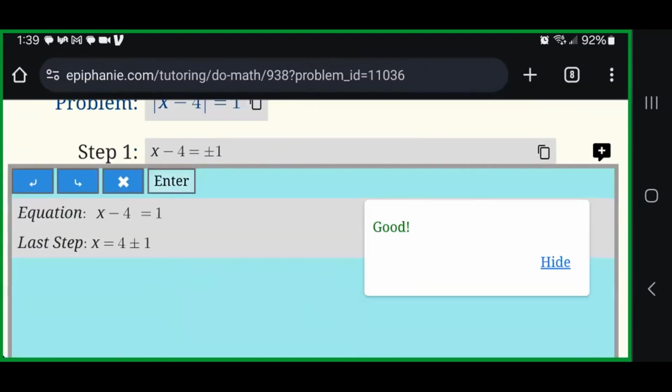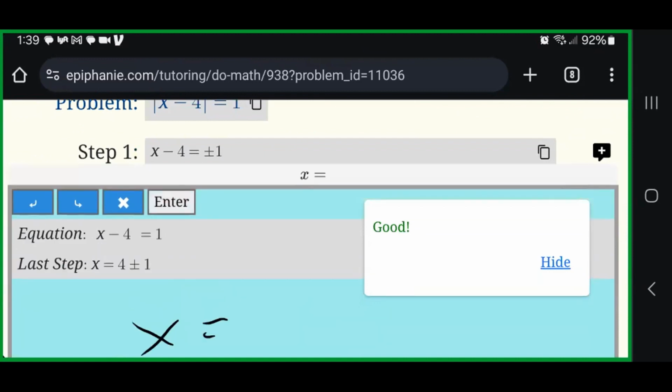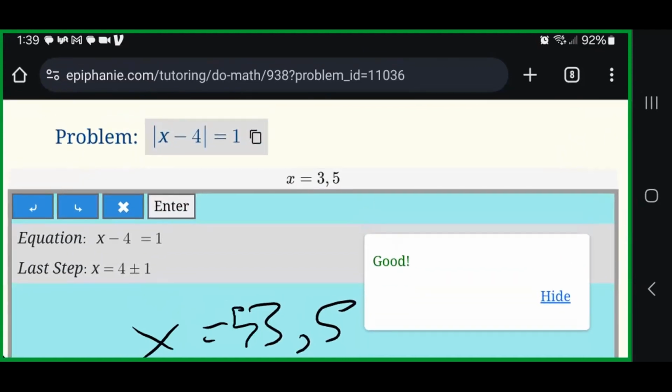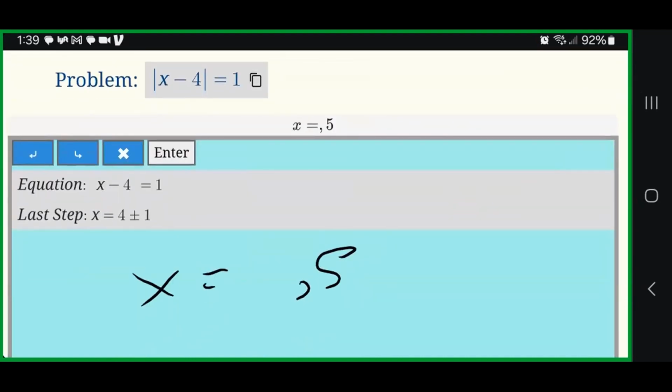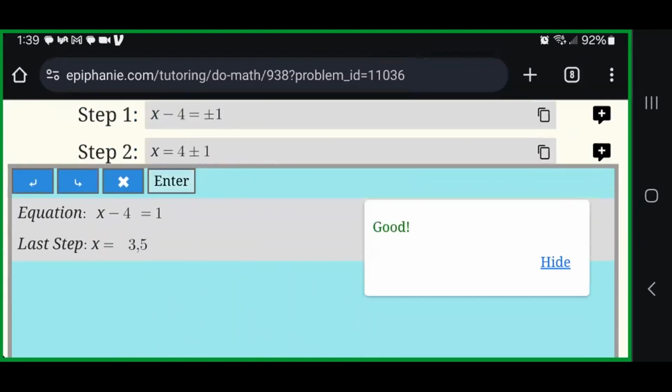And we can finish this up. x equals 3, 5. Like that. There we go. And we're done.